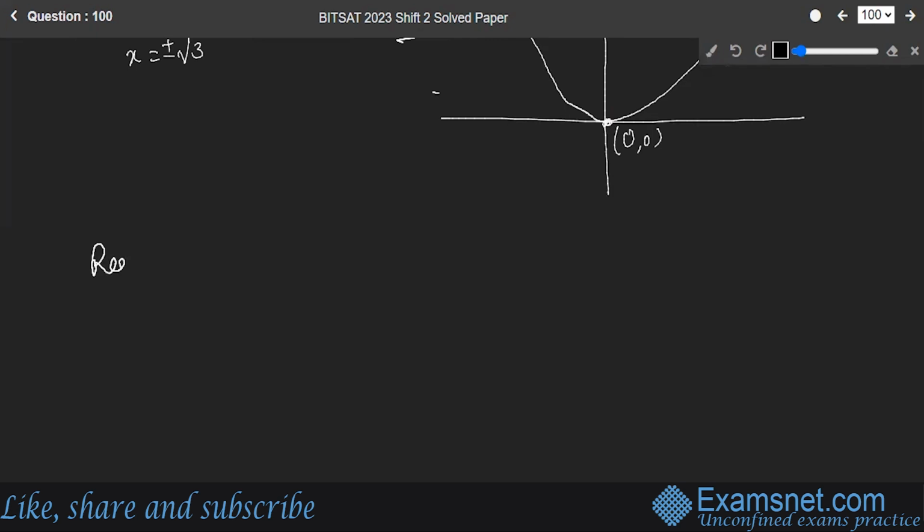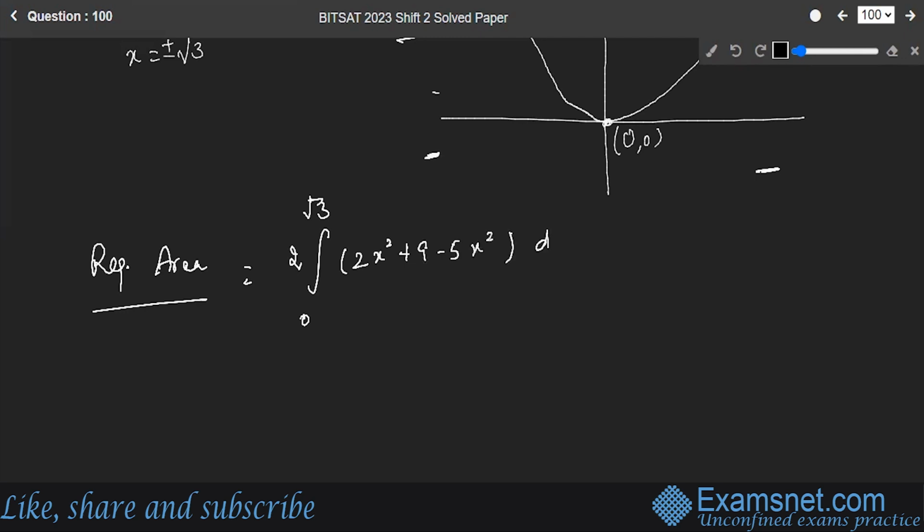Now the required area will be given by the integral of twice 0 to root 3, because it's moving from minus root 3 to positive root 3. So I'm taking twice 0 to root 3. This is 2x squared plus 9 minus 5x squared dx, which is equal to 9x minus x cube, with 2 outside and 0 to root 3.